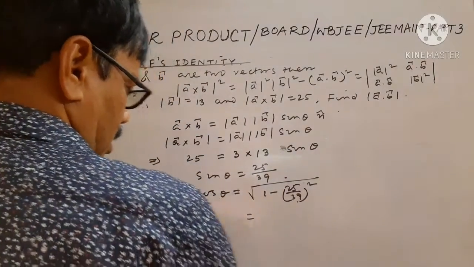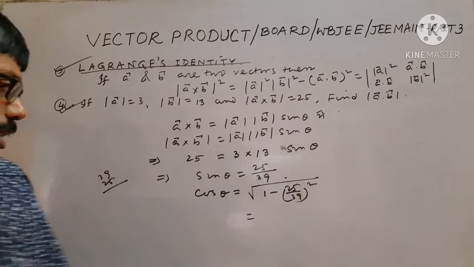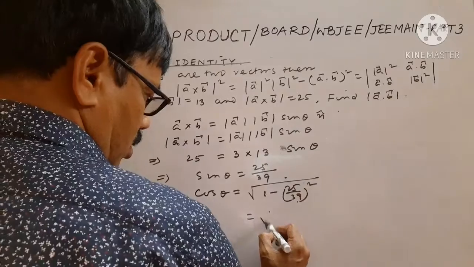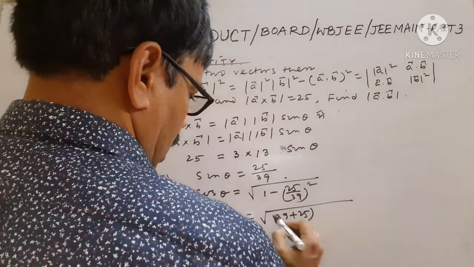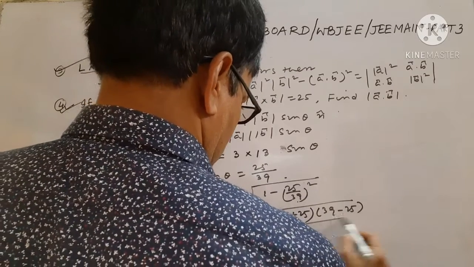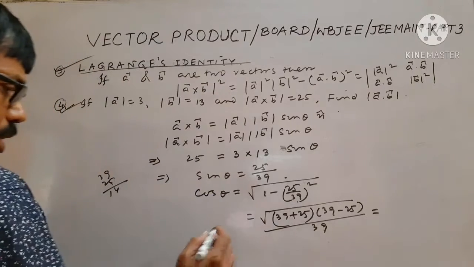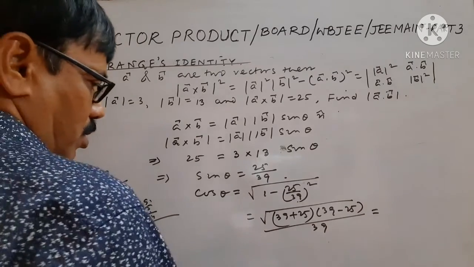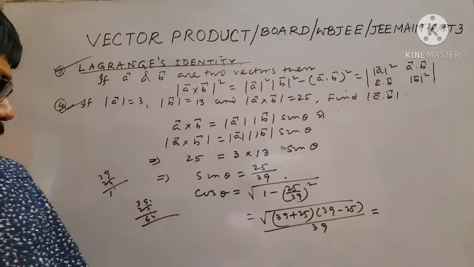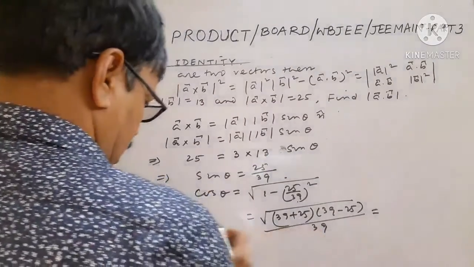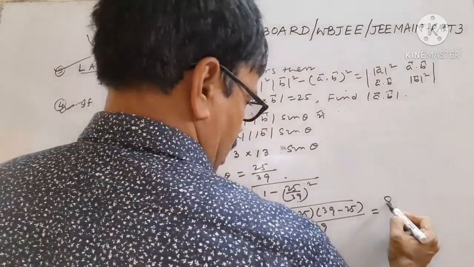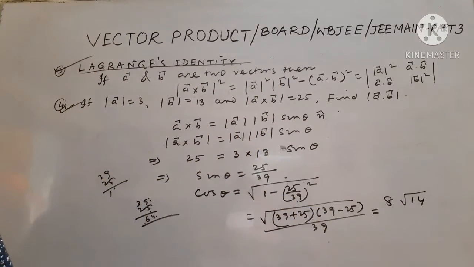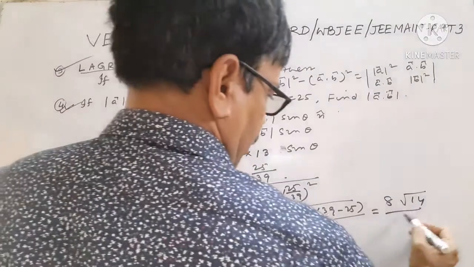So 39 plus 25 is 64, and 39 minus 25 is 14. So this is 8 root 14 by 39.